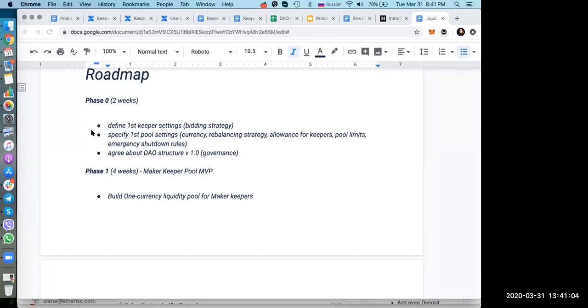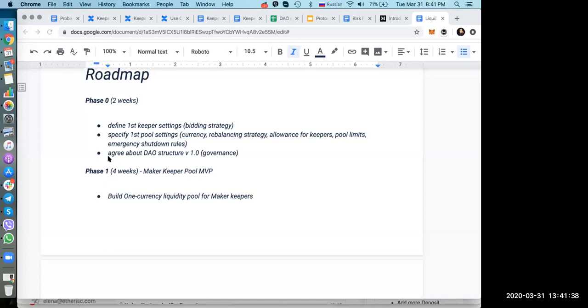The main goals for phase 0 are to define the first keeper settings and the bidding strategy. We have a draft of it, and I believe John can give more information about that. We specify the first pool settings. The currency of the first pool will be DAI. Rebalancing strategy, the pool limits, and emergency shutdown rules.